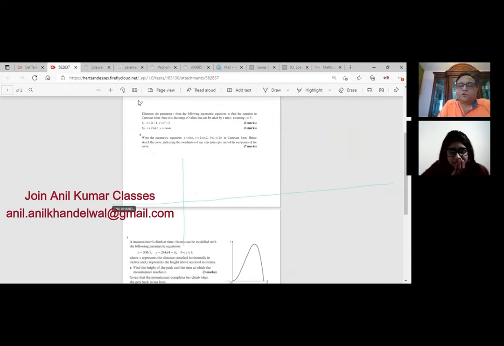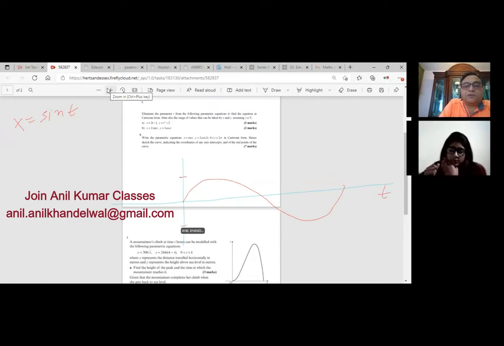So we have one sine wave here, and this is x equals sine t. So this is t for us. This position here is +1, this is -1, and we have 0 and 2 pi.